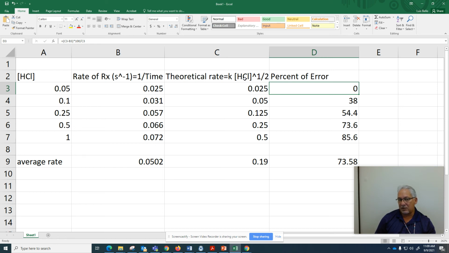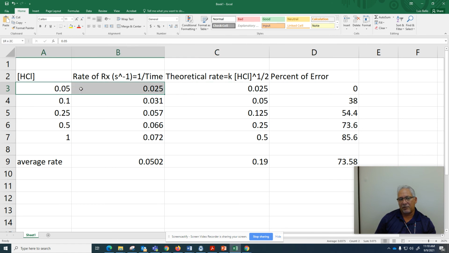So you can take all these values as the theoretical value, subtract the experimental one, which will be this one, divide again by the theoretical, and multiply by 100. That's the way I did the calculation for percent error. That was one of the questions you asked me yesterday.